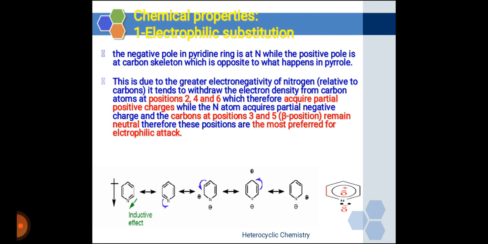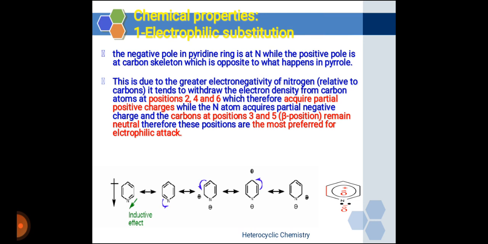So the 2, 4, 6 positions are the most positive in charge, and the positive charge does not occur at the 3rd and 5th positions, which stay neutral, so electrophilic substitution occurs at those positions.